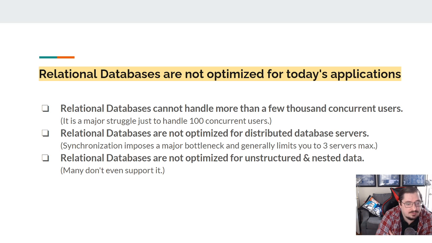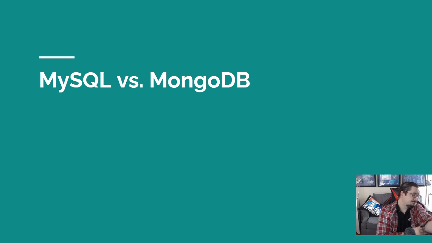And they're not optimized for unstructured nested data. Many of those don't support it because they don't necessarily even have JSON columns, or not full support for those. But that's kind of a common thing we want to do.